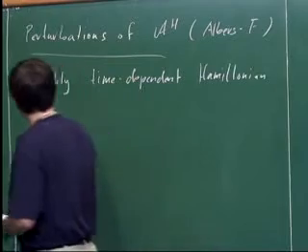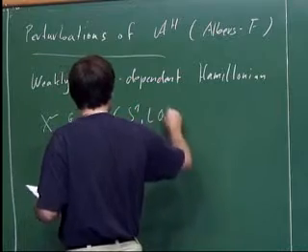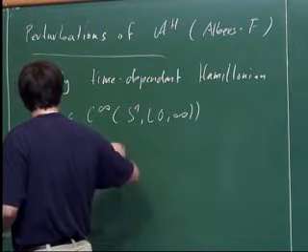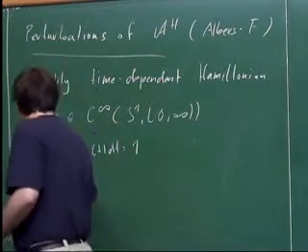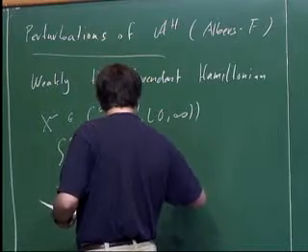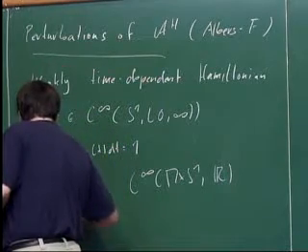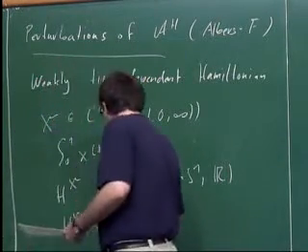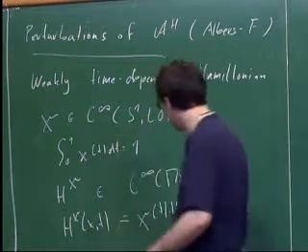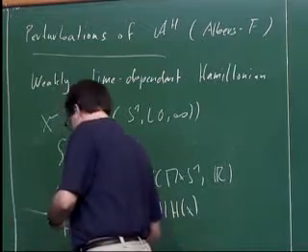If we take some smooth function chi from the circle to [0, infinity), normalized so that the integral of chi(t) dt equals 1, then let H^chi, which is now a time dependent Hamiltonian, be given by H^chi(x,t) equals chi(t) H(x), just multiplying your Hamiltonian with a time-dependent function, for x in M and t in S^1.